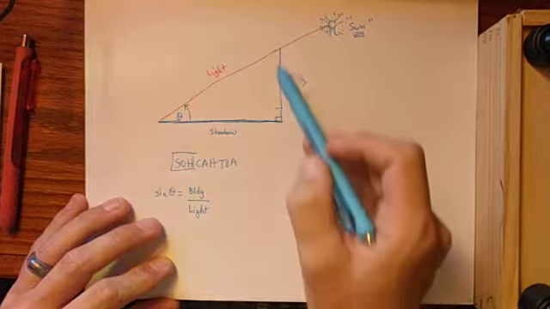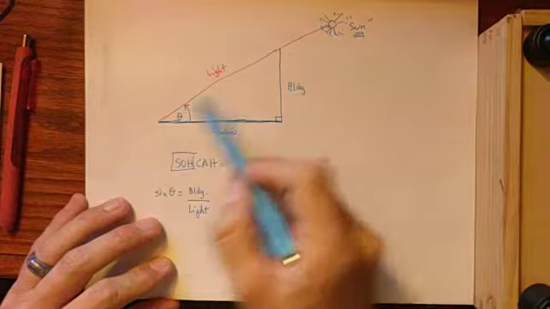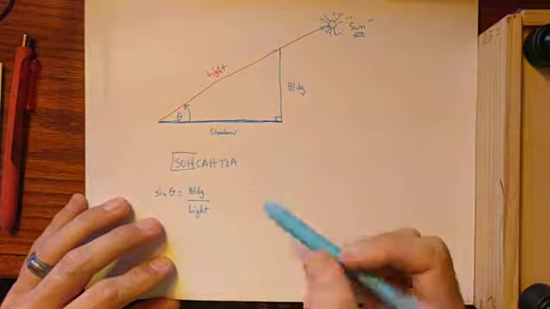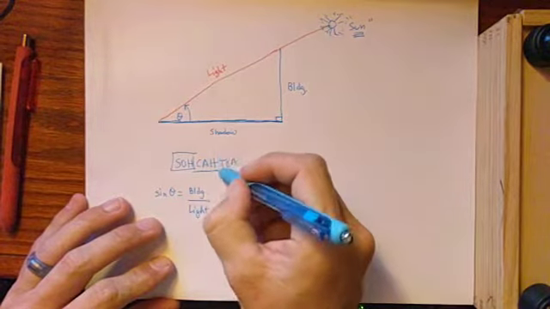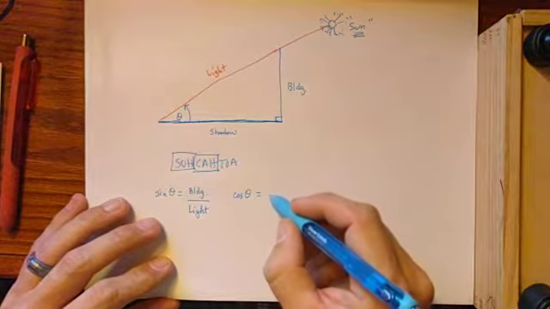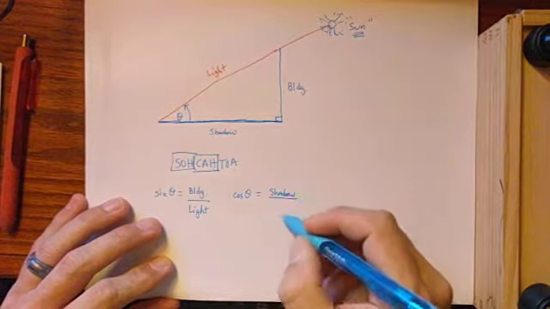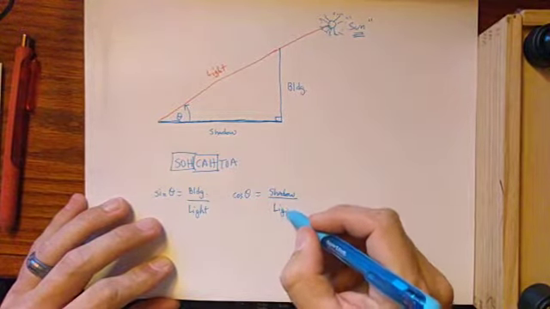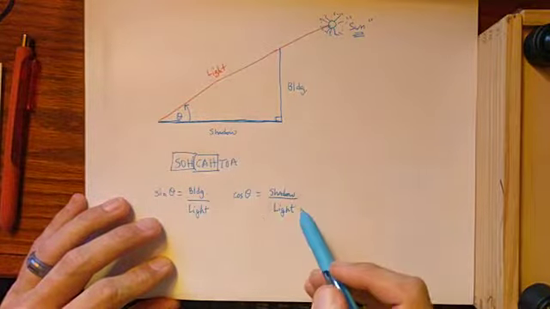Maybe in a bridge setting where there's a cord or suspension cable or something like that, but not in this scenario. All right, the cosine is adjacent over hypotenuse, right? So that would be the length of the shadow over the length of the ray of light. And again, we have no idea how long that ray of light is, nor do we really care.